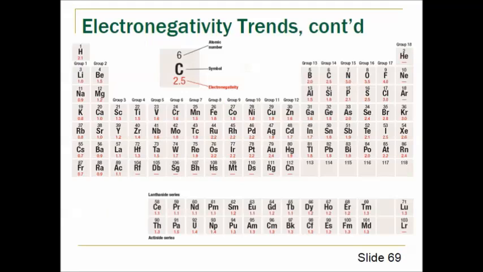This trend you don't really have to memorize because you'll have your data booklet with you during a test or exam, and a table like this will be available with electronegativity values. So hydrogen's electronegativity value is 2.1 units. And as you go down the first column, you can see the electronegativity is decreasing. The halogens at the other end, fluorine, has the highest electronegativity of all the elements.